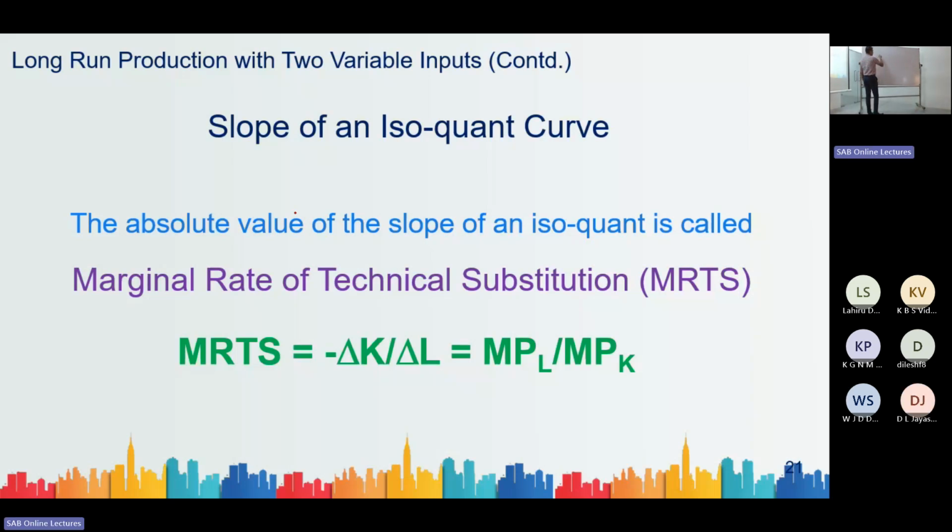What do you observe? What happens to its slope? Is it constant? No. The slope is not constant because this is not a straight line. It has some curvature. It's a curved line.